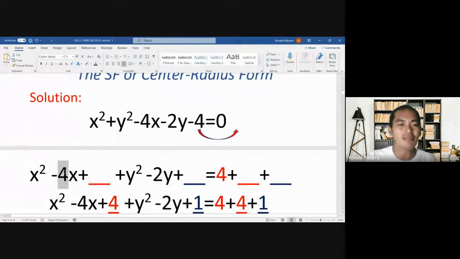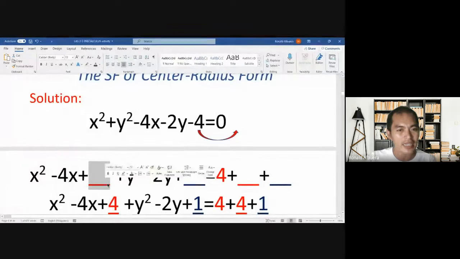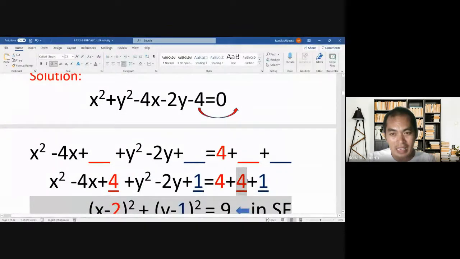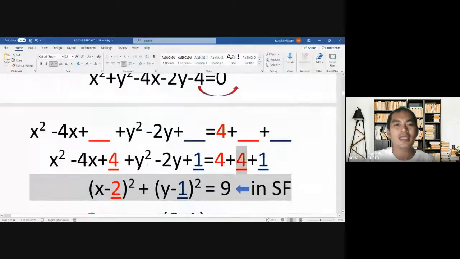How? Get the coefficient of x, which is negative 4, divided by 2 is negative 2, square it is positive 4. We also add positive 4 on the other side. Then for y, the coefficient of y is negative 2, divided by 2 is negative 1, square it is 1. You write 1 on the left, and you also write 1 on the right.